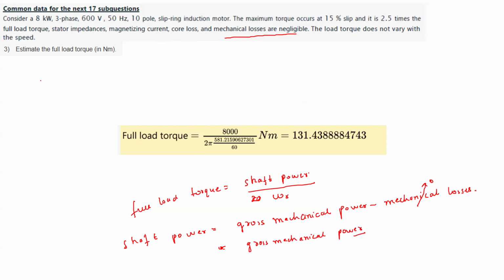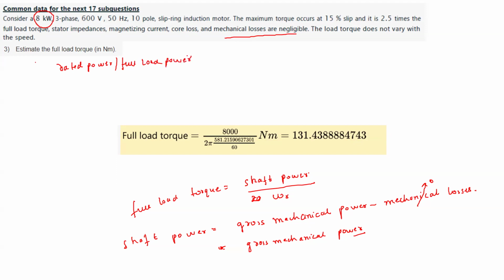One way is that if you see that you have written 8 kilowatt, three phase, 600 volt, 50 hertz, 10 pole slip ring induction motor, you just know that this 8 kilowatt is the rated power value, or full load power.